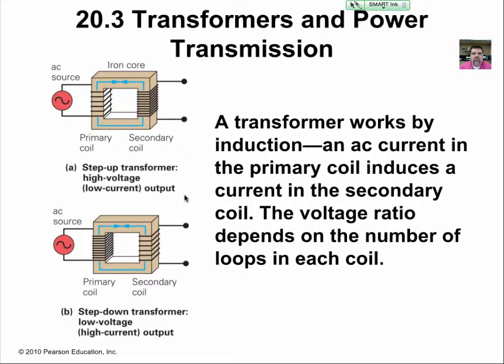So our power is constant, and we are using the induced current through these coils to change it. This is why it's called a transformer, because it transforms current into voltage or voltage into current depending on our application.